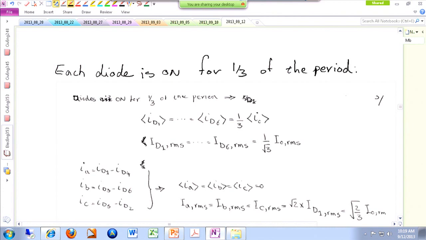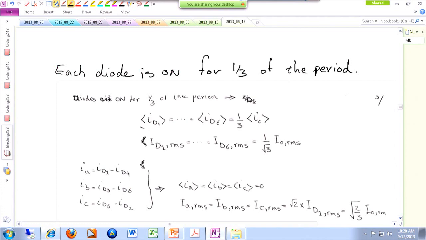Okay, so we have 3 diodes on the top, and each one of them is conducting for 120 degrees. And we have 3 diodes in the bottom, again, each one of them is conducting for 120 degrees. So if you focus on each individual diode, they only conduct for 1/3 of the period.